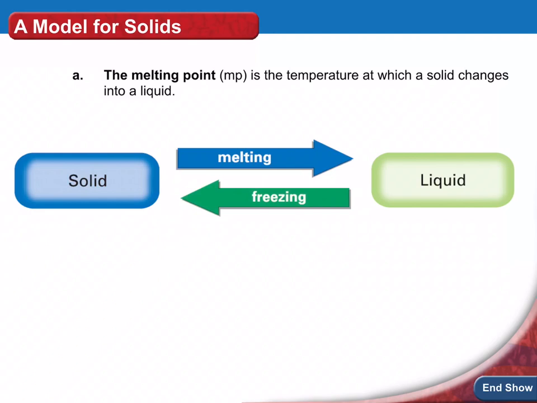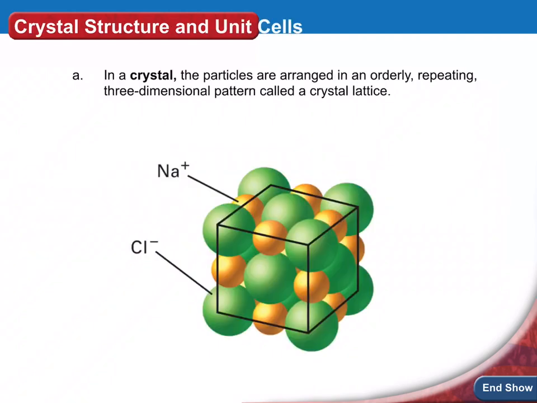It is the point at which that solid becomes a liquid. Things are in equilibrium when you have something right at the melting point or freezing point. Notice you can call it either because it's the same temperature. If you are right at 0 degrees Celsius, you're going to have water freezing and melting at the same time.